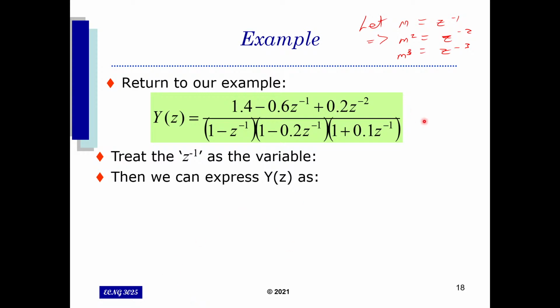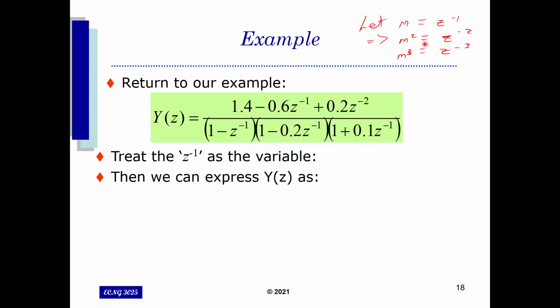So, remember when we're doing our partial fractions here, we need to treat z to the negative 1 as our variable, not z. For people who do have some visual conceptual problems, when you're doing the factorization process or the partial fractions themselves, you can just use a substitute variable and let m equal z to the minus 1.